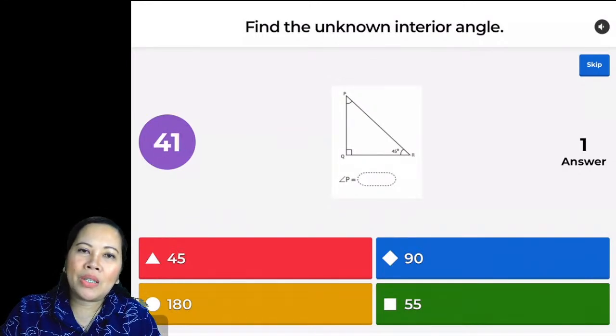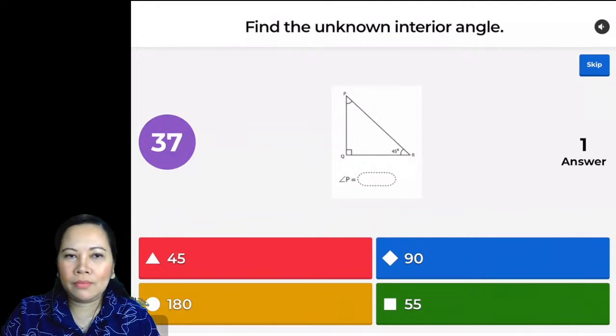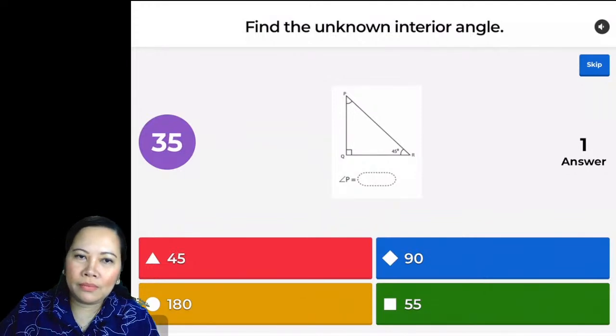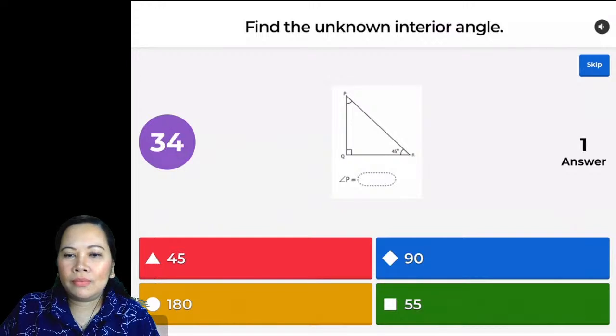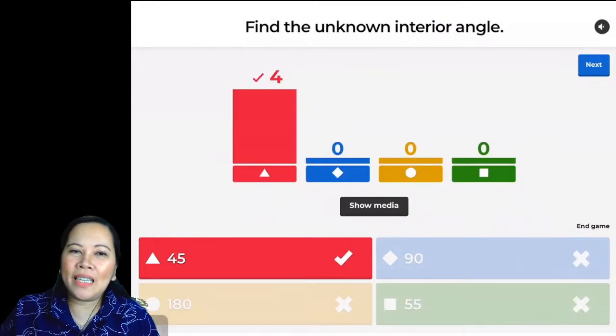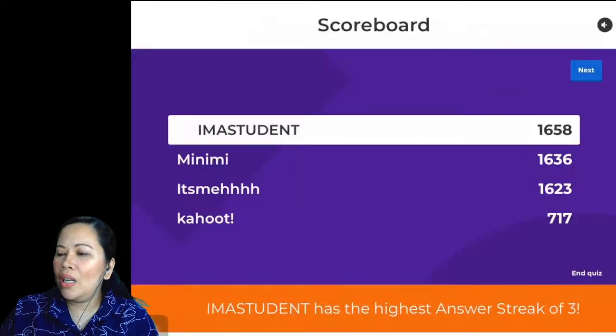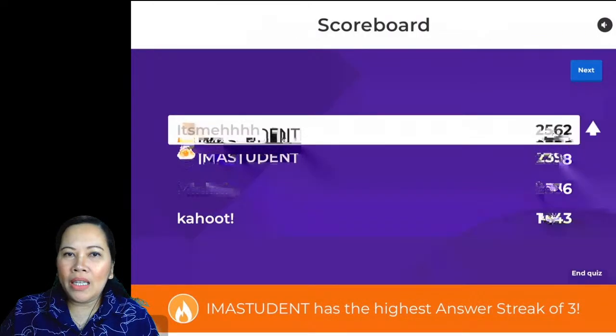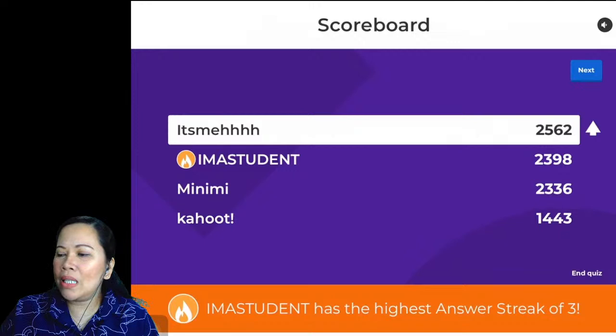So what is the measure of angle P? Yes, that is correct. It's 45. Well done, everyone. It's me is on top, followed by I'm a student, followed by Mini-Me, and then Kahoot.